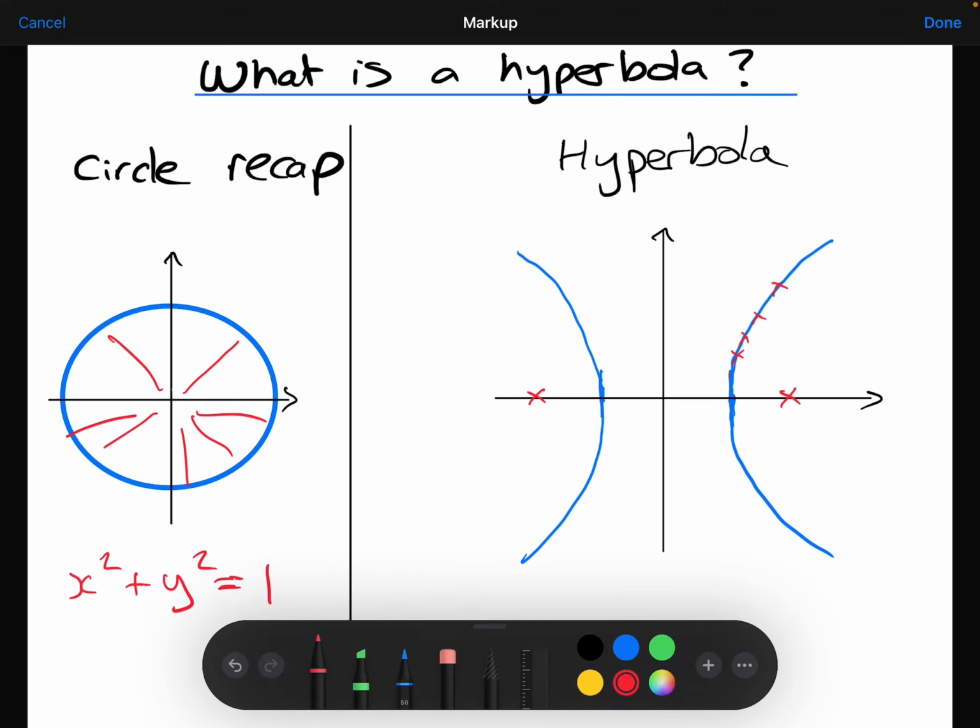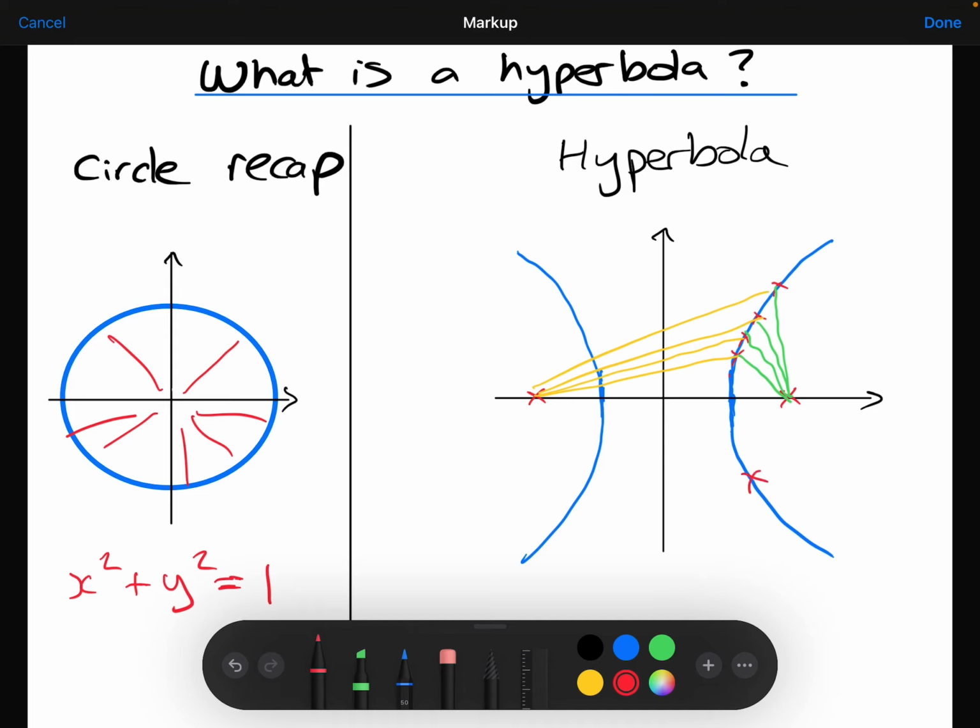All of those points I've just marked on, if I were to measure the distance between this point and this point, and if I was to measure the difference in those distances, it would be the same as if I was to measure the difference in distance between this point and this point, or this point and this point, or this point and this point.